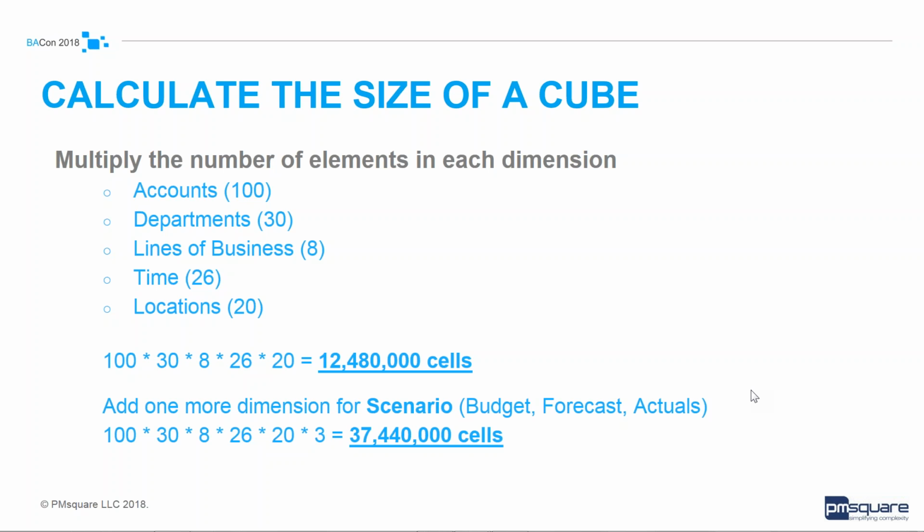Add just one more dimension for scenario, budget, forecast, and actuals, and you get 37,440,000 cells. TeamOne may perform calculations on many of the cells created, so the need for efficiency is very important. You may want to limit the number of dimensions you use in any given cube, because as cubes get larger, response time can be impacted.